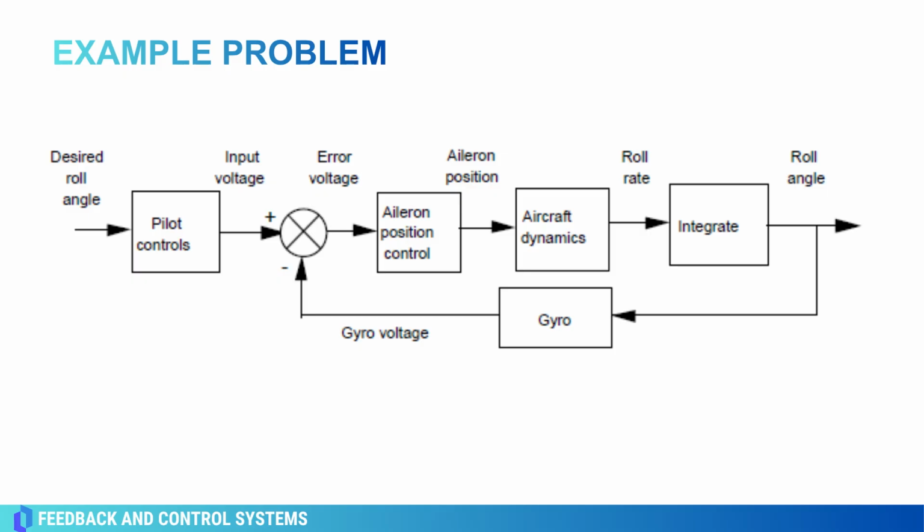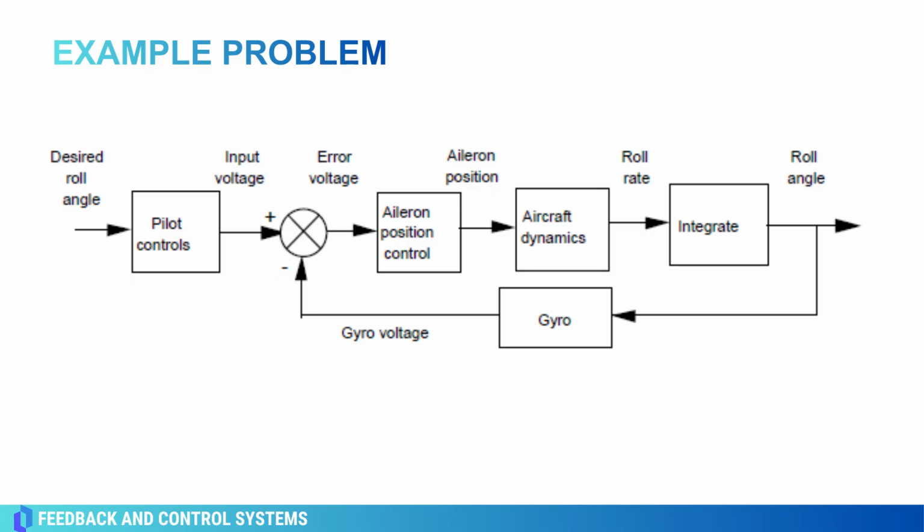For the comparator, we have the error detector that compares the desired and the measured roll angle, or the comparison of our input to our output. For the controller, we have the flight control computer or the autopilot controller, or the aileron position control, wherein it decides how much the aileron should move.